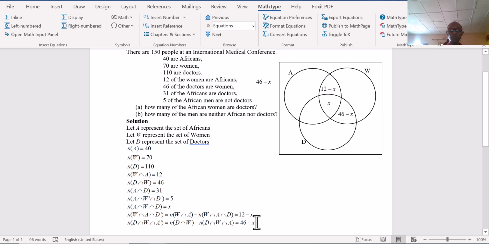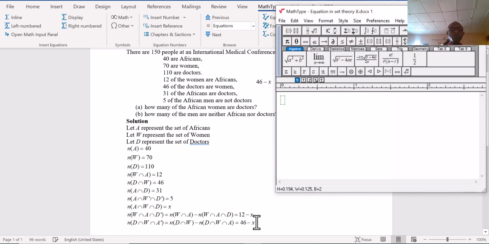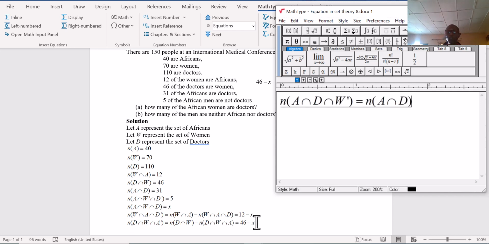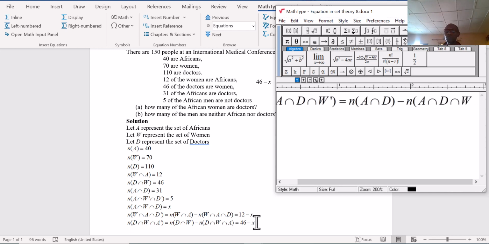So that will be A intersection D intersection W complement is equal to A intersection D minus A intersection D intersection W. So that's 31 minus x.